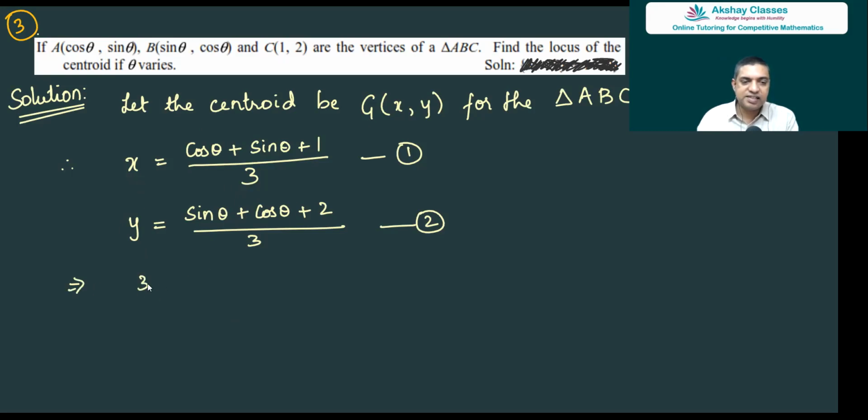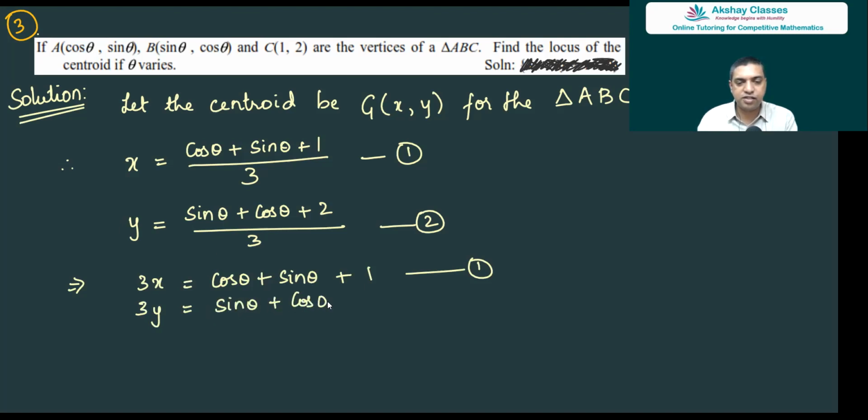So 3x is equal to cos theta plus sin theta plus 1. This is equation 1 transformed. 3y is sin theta plus cos theta. They both are the same thing. So 3x, 3y, cos theta plus sin theta plus 1 and plus 2. Now subtract.